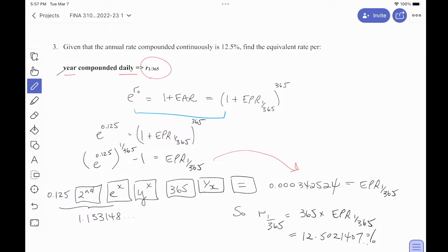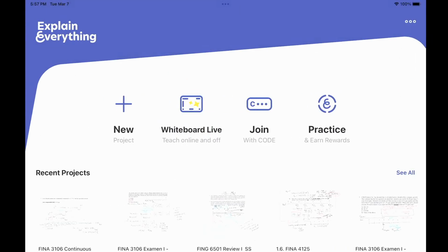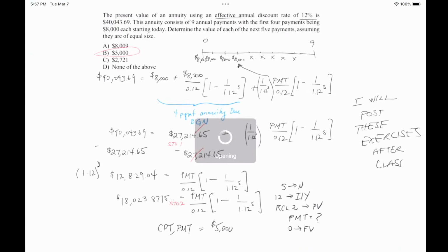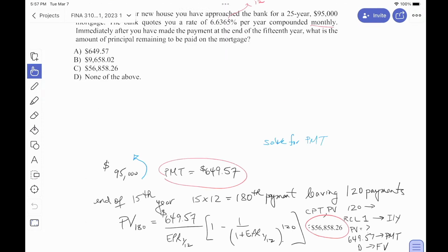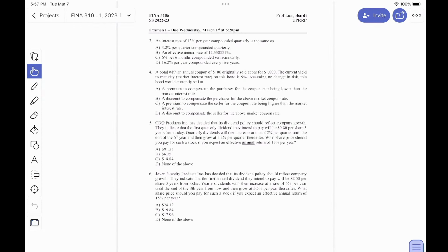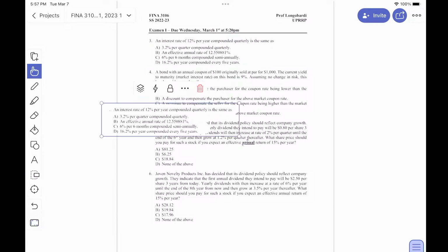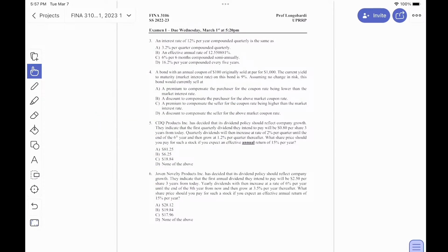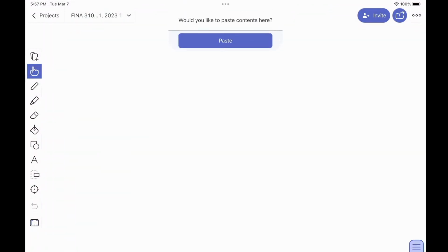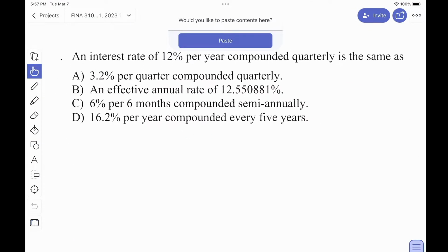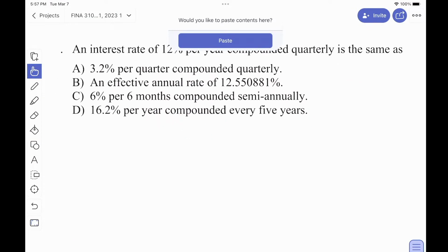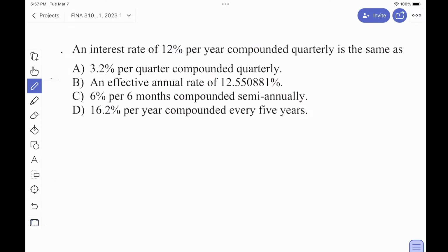Take a screenshot if you must. I'm going to go back to my question paper. Let's get question number 3. Okay, I'm going to give you 5 minutes to do this. Go for it.